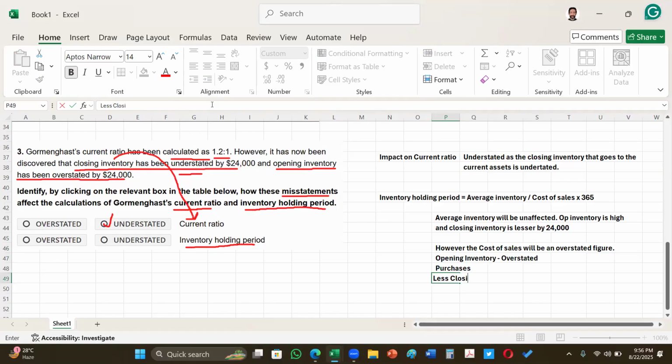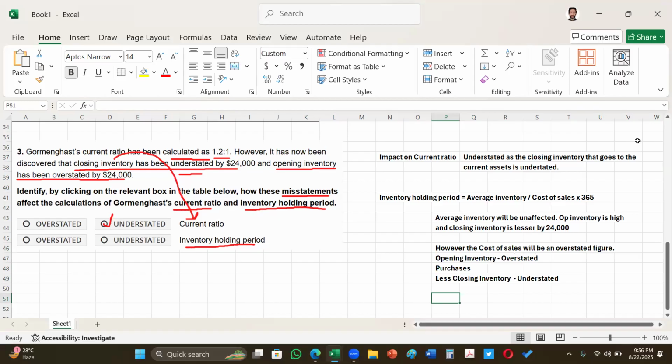The item that is deducted is understated. So this will lead to a higher and overstated figure of cost of sales. This is what I mentioned here. The cost of sales will be overstated.